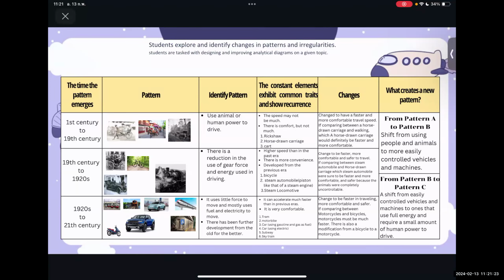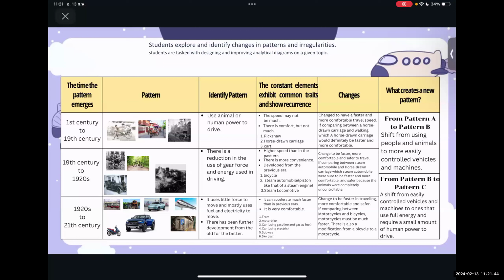And the pattern C, 1920s to 21st century. The identified pattern is that it uses little force to move and mostly uses fuel and electricity to move. It has been further developed from the old for the better.